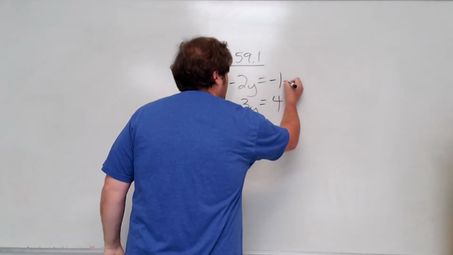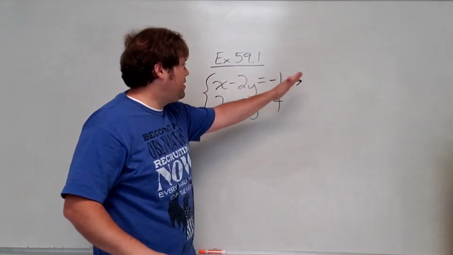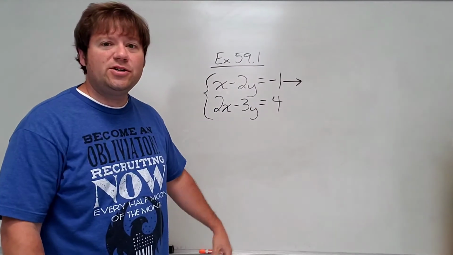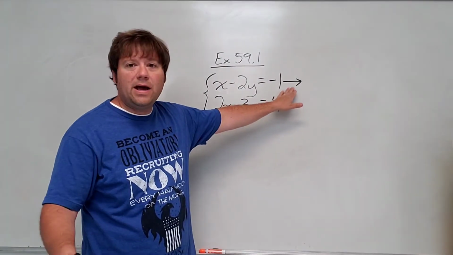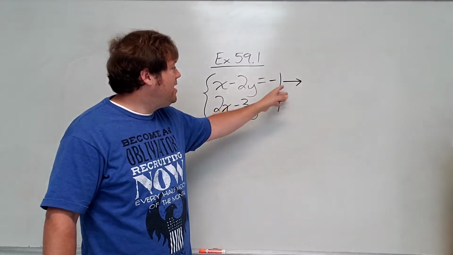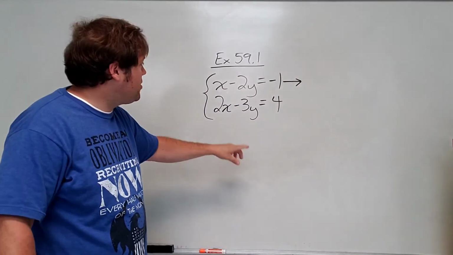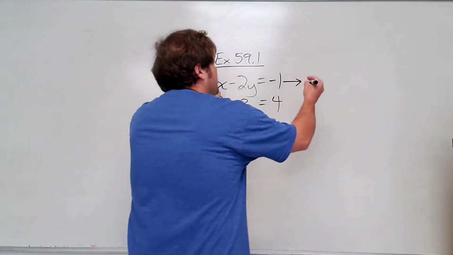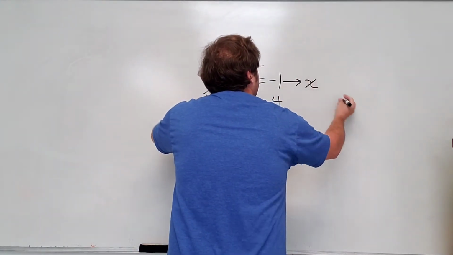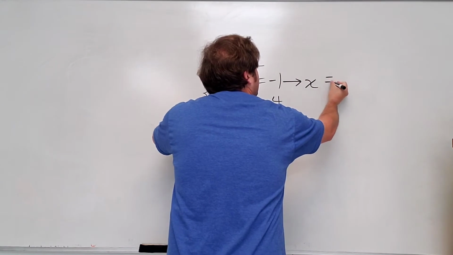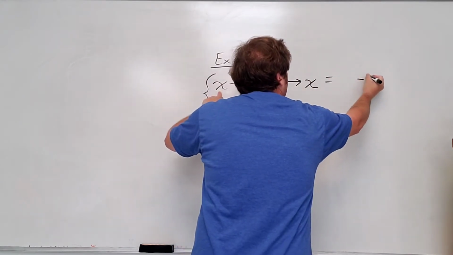So I'm going to draw a little arrow here, and over here I'm going to rearrange that equation. Now keep in mind, this arrow mathematically means absolutely nothing. It's just a way for me to show y'all that I'm rearranging the equation right here. So I'm going to leave x on the left side, I'm going to leave the equal sign, and I'm going to leave the -1.